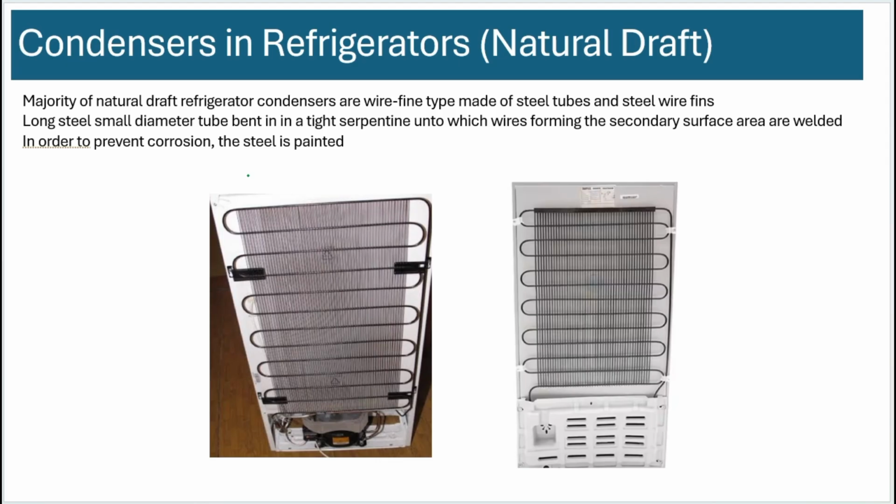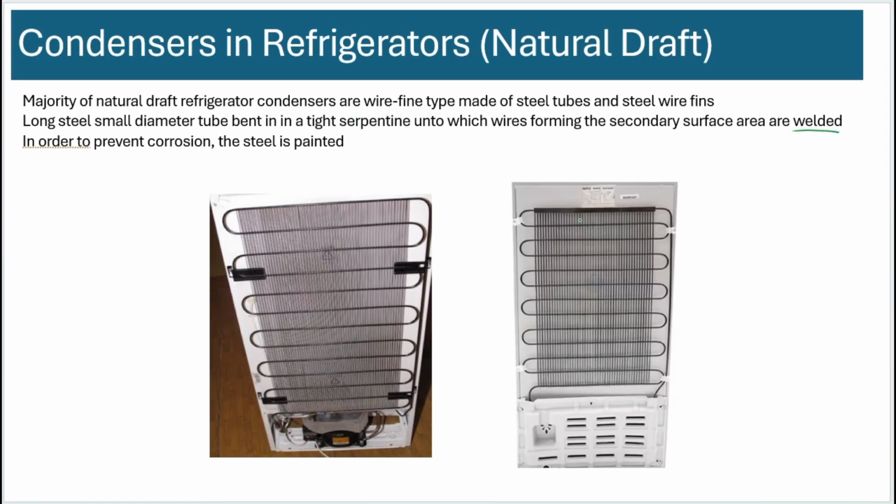Condensers also in refrigerators fall into two categories: natural draft and forced draft. Condensers are typically made of steel tubes and steel wire fins. Long steel diameter tube are basically bent in a serpentine onto which wires from the secondary surface area are welded.